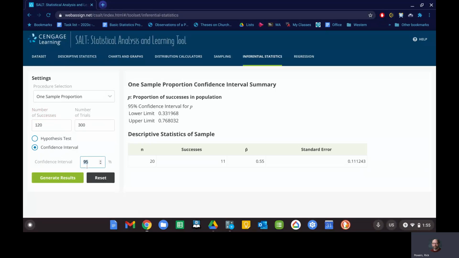Generate my results, and I'm picking a 95% confidence interval. So here, p hat is 0.4. My confidence interval is from 0.345 to 0.455 approximately.